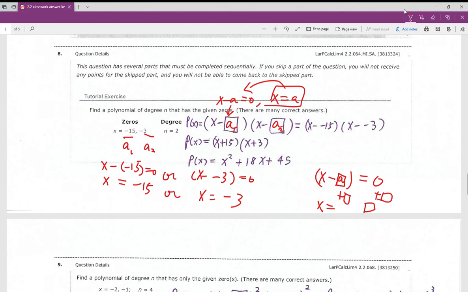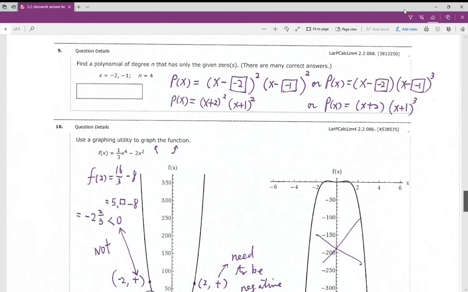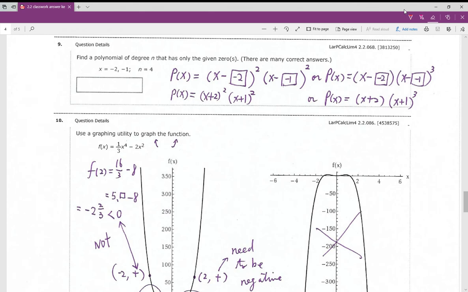Therefore, we factor to x minus a1, x minus a2, and multiply them together. You have the polynomial. We did this in Algebra 2 before, the same question. If you have two zeros, you take away these 2 zeros, and then you have 2 factors, and then you multiply that.